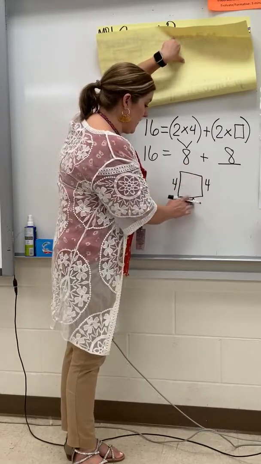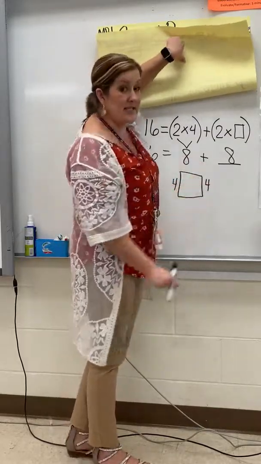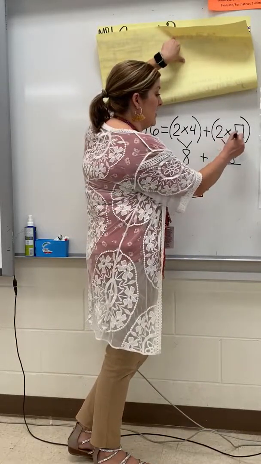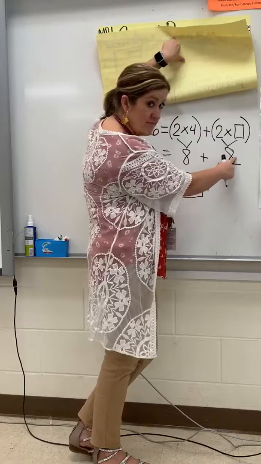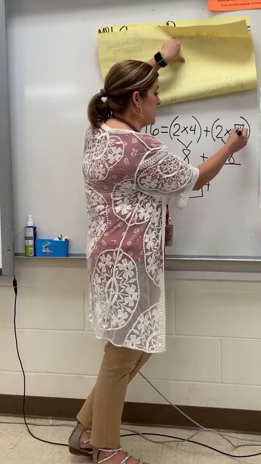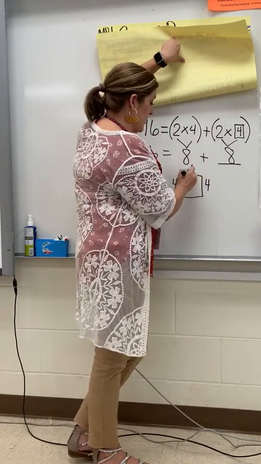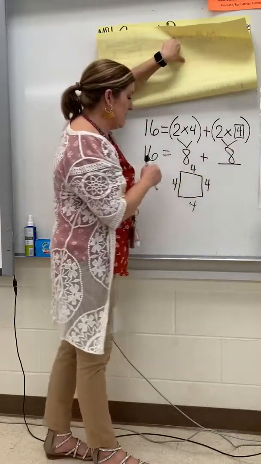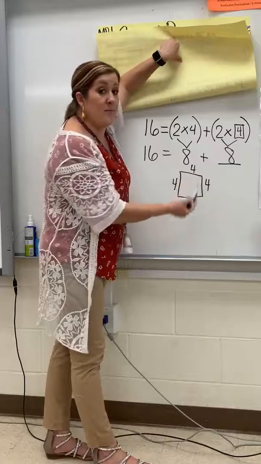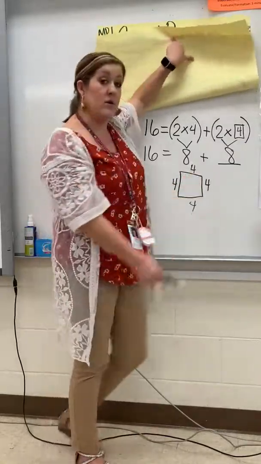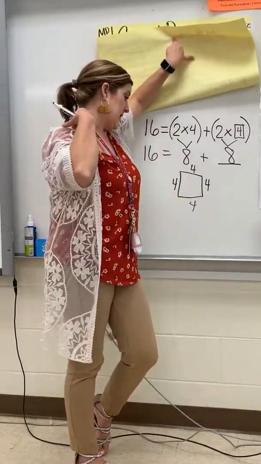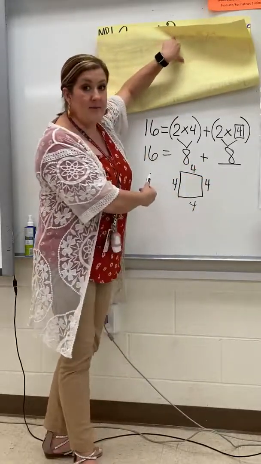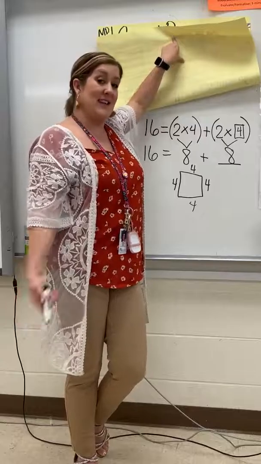So what they fail to remember, this is a misconception they have, is that this 8 is actually 2 times something. So their missing side length is actually a 4, because 2 times 4 is 8. Okay, so then if I say go label your rectangle, and then add it again, does it add up to the perimeter of 16? And in this case, it does.